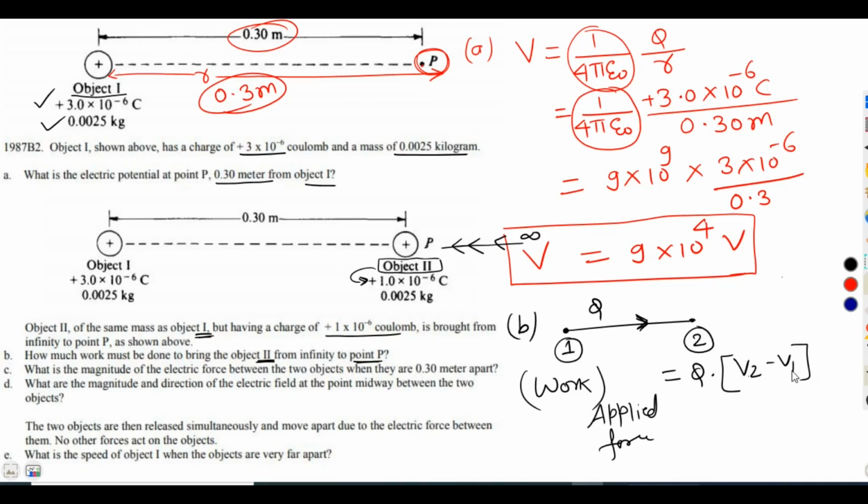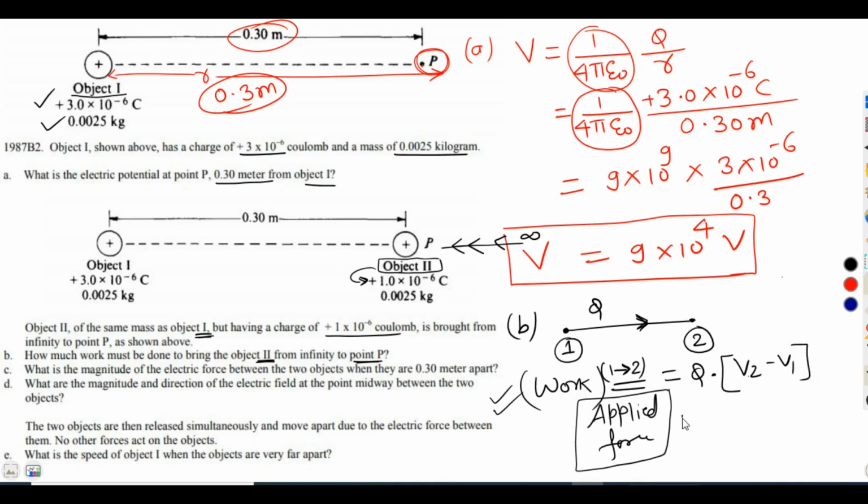It means potential of point 2 minus potential of point 1. Please note, this is due to the applied force, not due to the field force. We know the work done due to the field force will be the negative of the work done due to the applied force. So this formula will be applied here.